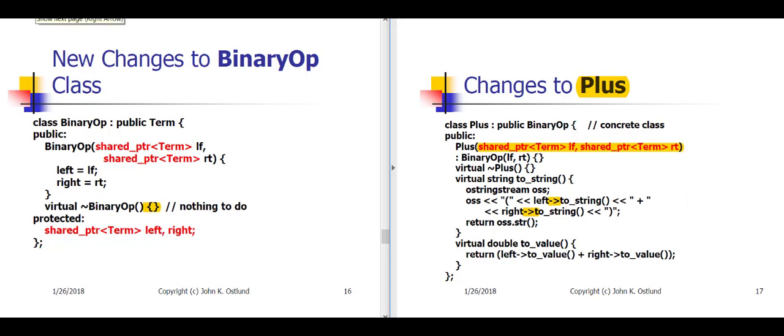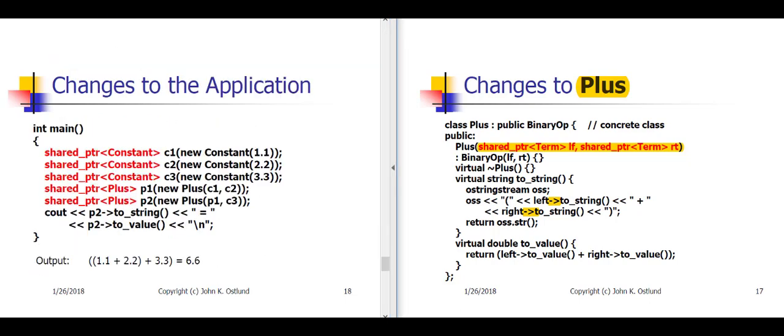On slide 18 is our revised application using shared pointers. So instead of having C1 be an ordinary pointer to constant, we now say that C1 is a shared pointer to constant, initialized with the address of this newly allocated constant.